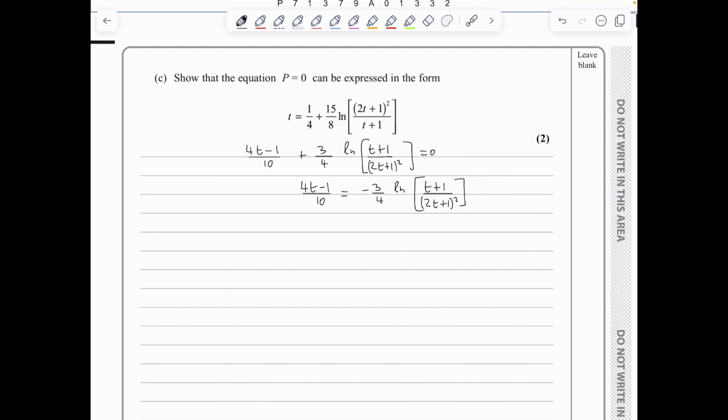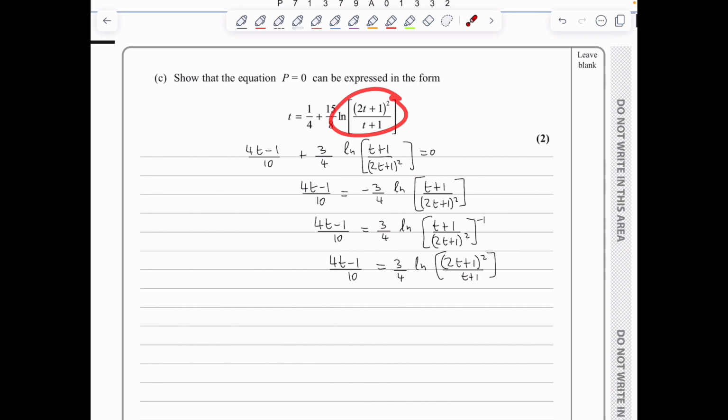So we've got (4t minus 1) over 10 is equal to 3 over 4 ln of [(t plus 1) over (2t plus 1) squared] all to the minus 1, which can be written as (4t minus 1) over 10 is equal to 3 over 4 ln of (2t plus 1) squared over (t plus 1). So at least I'm matching the form within the logarithm I can see in the answer I need to arrive at.